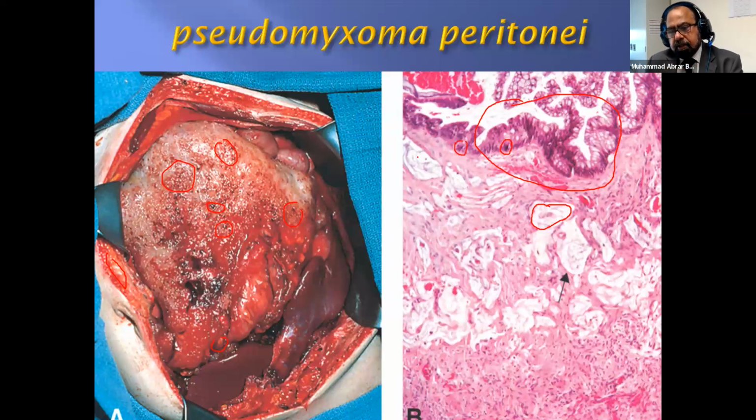So by this, you can say that it is coming either from the ovary or somewhere else. If it is only unilateral, then definitely it is probably coming from the ovary. But if it is bilateral, then try to see if the origin is somewhere else. And if you see the appendix also showing the same tumor, then there is a possibility that the tumor you are seeing here, pseudomyxoma peritonei, is actually coming from the appendix.